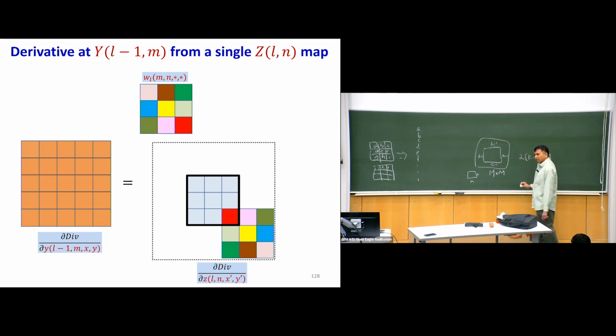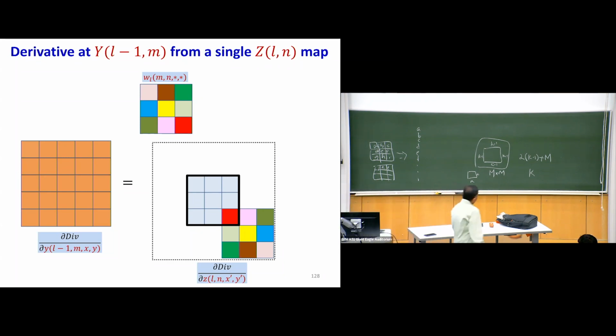What happens if I convolve this with a k size filter? What is the resulting size? Remember, when we convolved some image with a filter, we lost a certain number of elements, right? How many elements did we lose on the edges? If you had a k cross k filter and we convolved it, how many elements did we lose? K minus 1, right? We lost k minus 1 rows and k minus 1 columns.